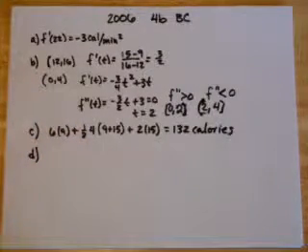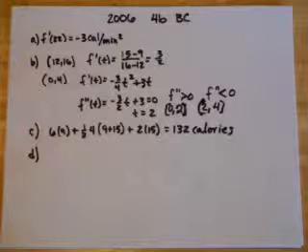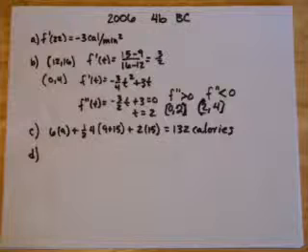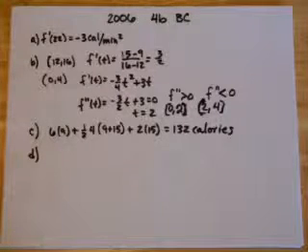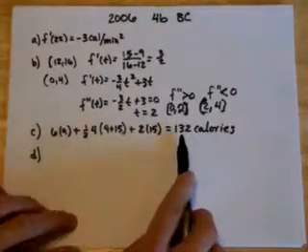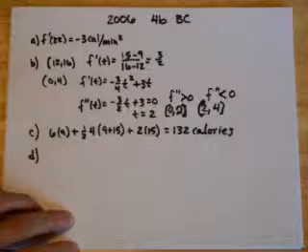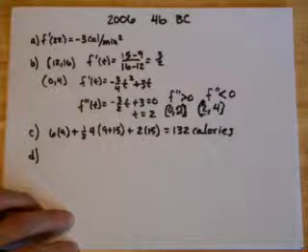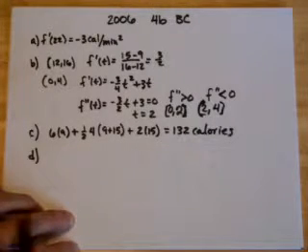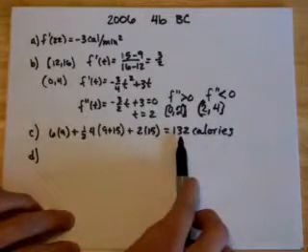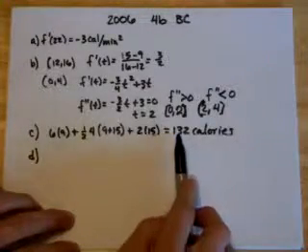D says the setting on the machine is now changed, so the person burns f of t plus c calories per minute for this setting. Find c, so that an average of 15 calories per minute is burned during the time interval 6 to 18. Okay, so we know 132 calories were burned from 6 to 18, and we want to add something to the function so the whole function slides up, so that we get something that would average 15 calories.